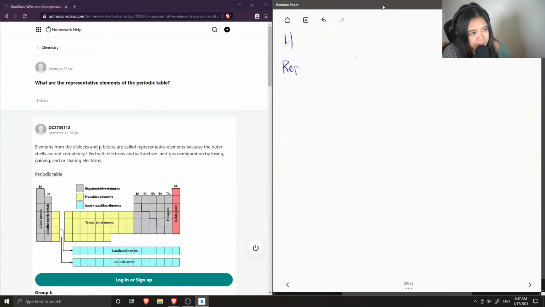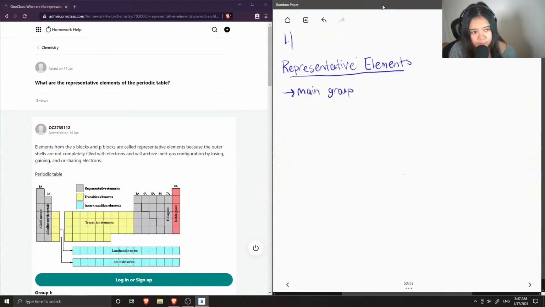Okay, so the representative elements, you can think of these elements as the main group elements in the S and P blocks, with the exception of the noble gases.